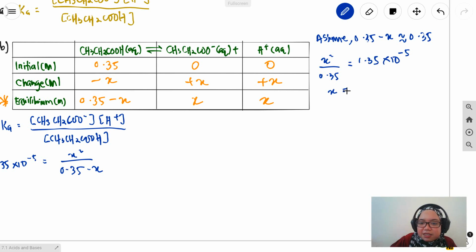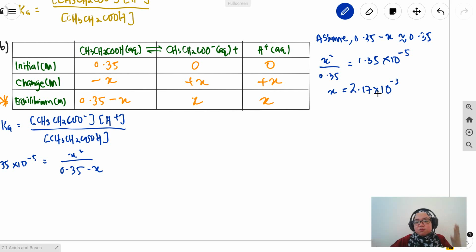So, we will get x is actually equals to 2.17 times 10 to the power of negative 3.